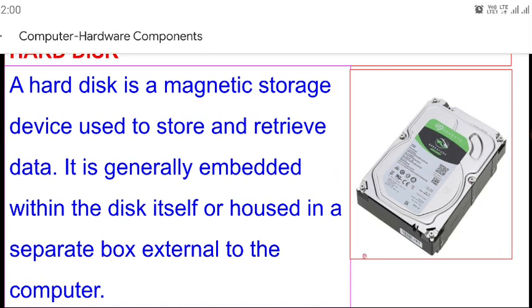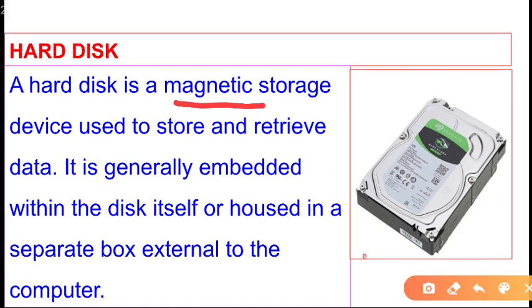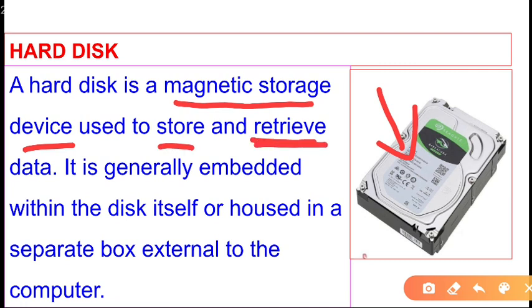A hard disk drive is a magnetic storage device. Magnetic storage device means what? Inside this device there are magnets used to store the data. It is a magnetic storage device used to store and retrieve the data. Now what is the meaning of this word retrieve? Retrieve means to get or access your data.